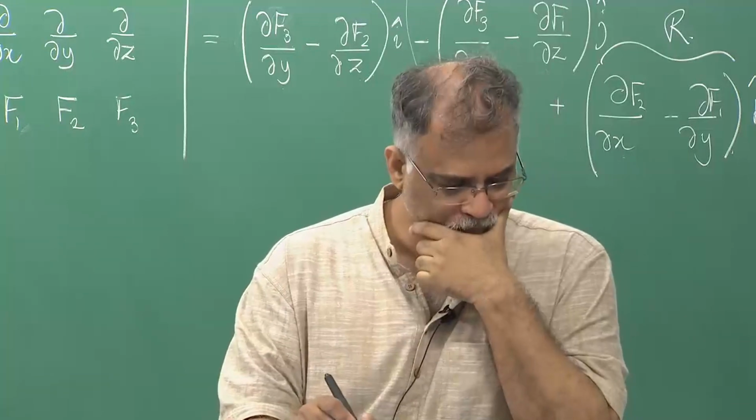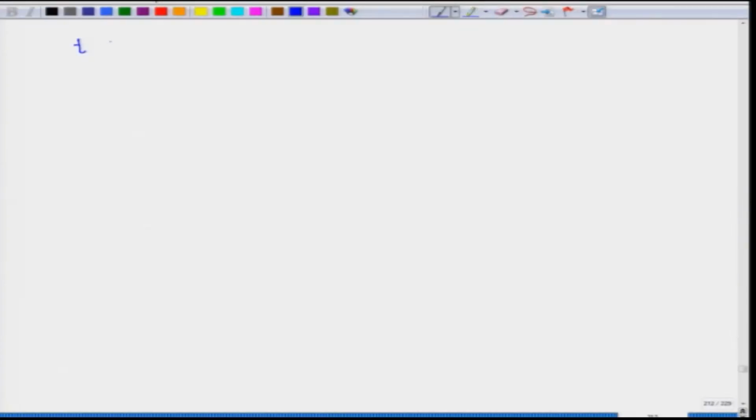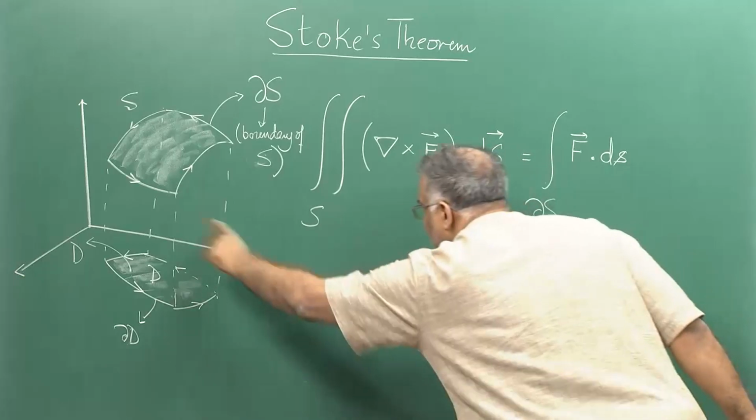So let t be between a and b, and here the points are x, y on this curve.